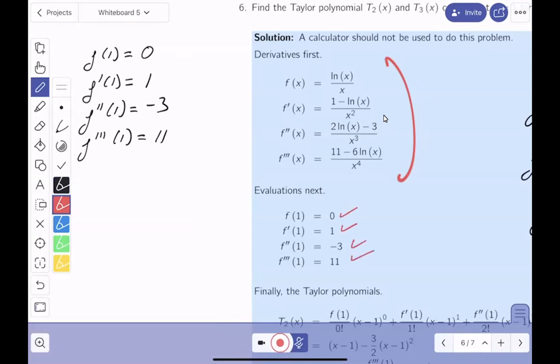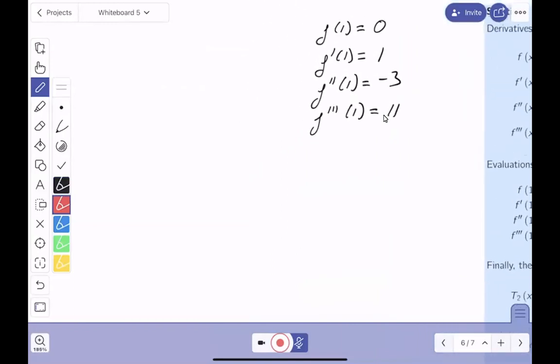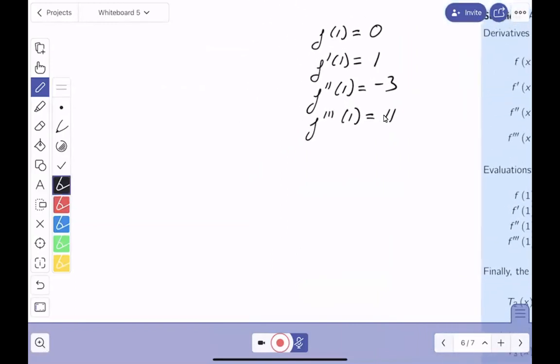Got that? What do I do? T2, T3. Let's write this down for you now. T3 equals 0 plus, again, these are centered at 1, minus 3 times x minus 1 squared over 2 factorial, which is 2.